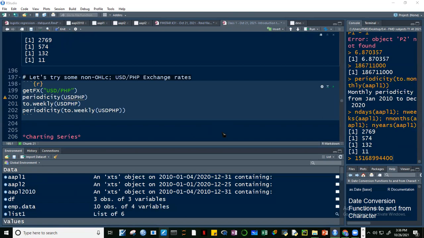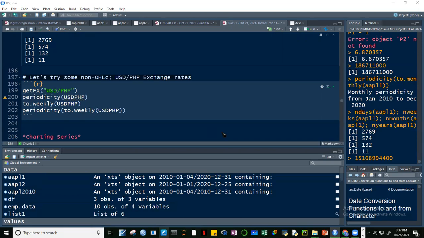Okay, now, aside from that, guys, you can actually get exchange rates also. There are other sites by which we can, for next meetings, we're going to use the other features of quantmod and download other information, not only stocks but also macroeconomic data.